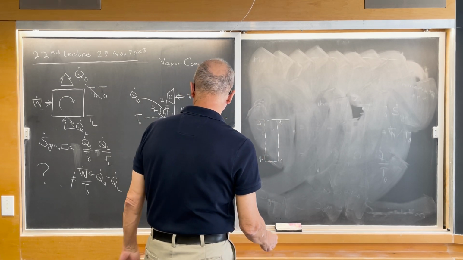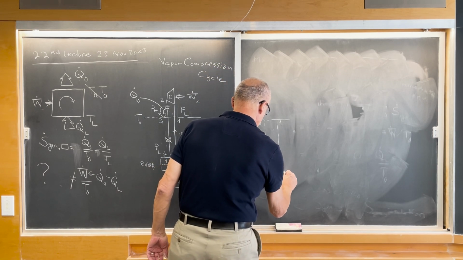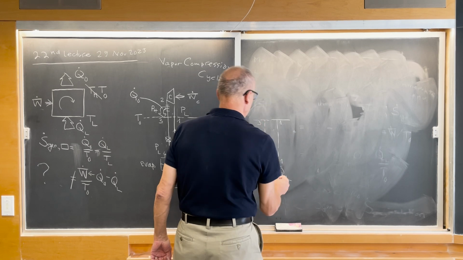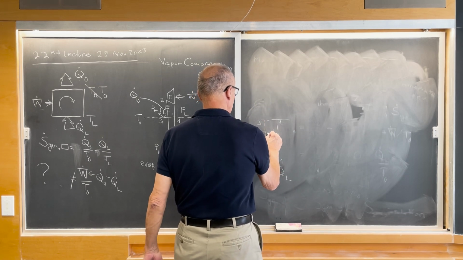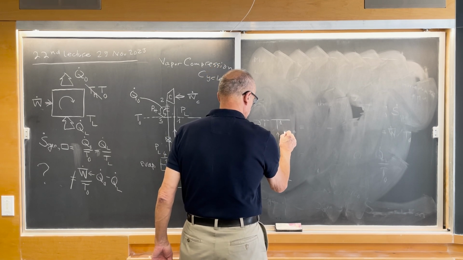This control volume has an input of Q dot L, a mass flow rate M dot going down, and the same mass flow rate going up in the steady state.